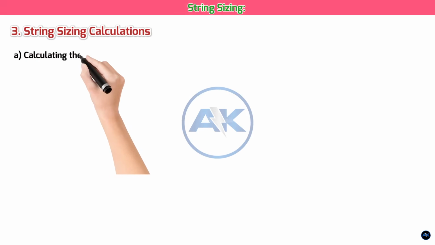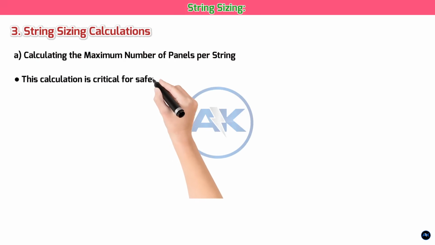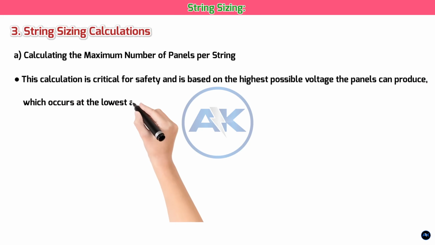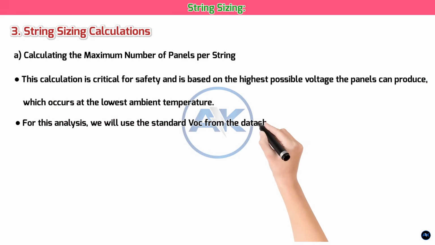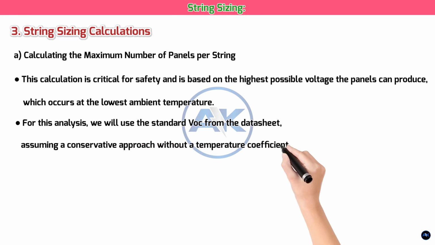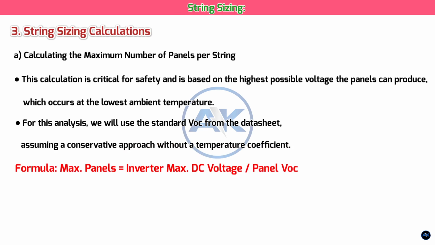A. Calculating the maximum number of panels per string. This calculation is critical for safety and is based on the highest possible voltage the panels can produce, which occurs at the lowest ambient temperature. For this analysis, we will use the standard VOC from the datasheet, assuming a conservative approach without a temperature coefficient. Formula: maximum panels equals inverter max DC voltage divided by panel VOC.